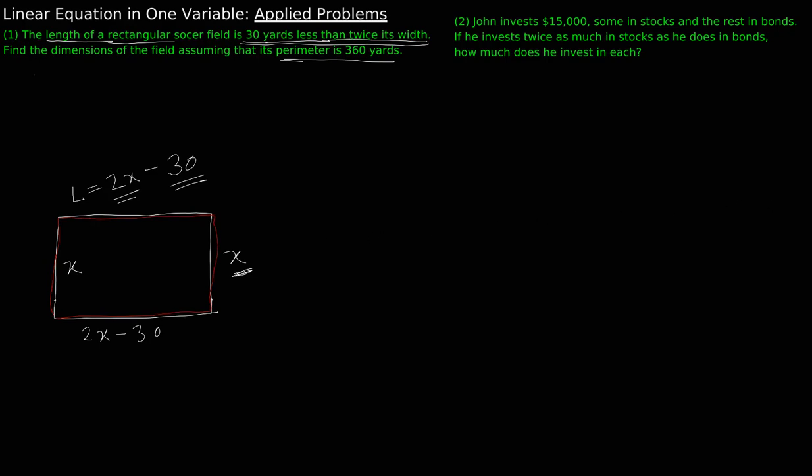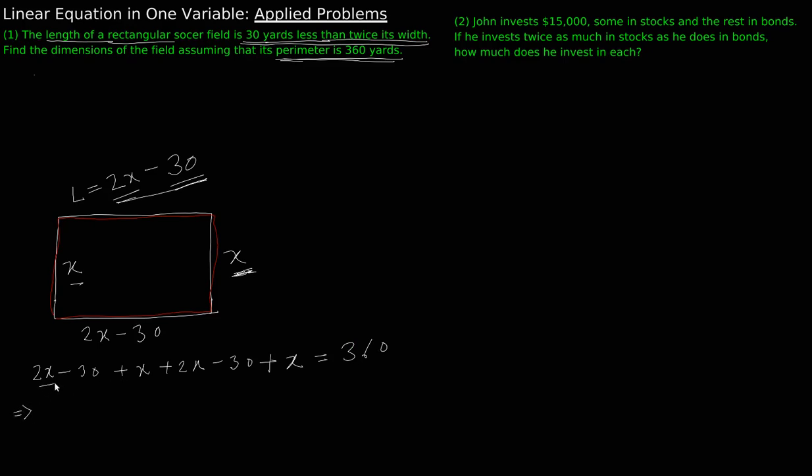So the perimeter is 2x minus 30 plus x plus 2x minus 30 plus x. This is my perimeter in variables. The problem says the perimeter is 360 yards, so this is equal to 360.